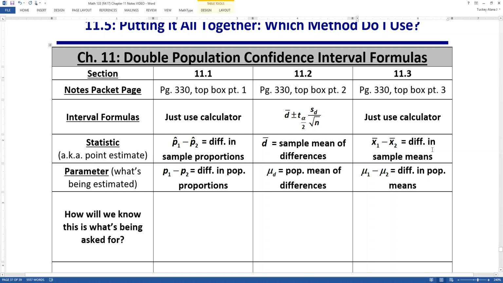Because these don't have that matched pair quality, you're not able to find the differences and then perform calculations and hypothesis tests, or confidence intervals for that matter, along those differences, like we were for 11.2. So 11.2 is really a special case of that matched pairs design. But for 11.1 and 11.3, you basically have two separate groups, and you're hypothesizing where you think the difference for them is going to fall, at least when you're making confidence intervals.